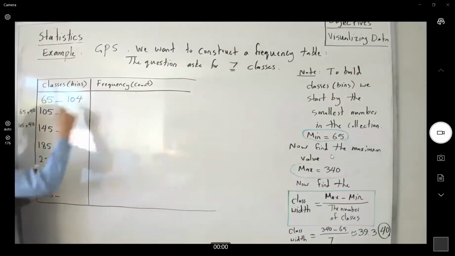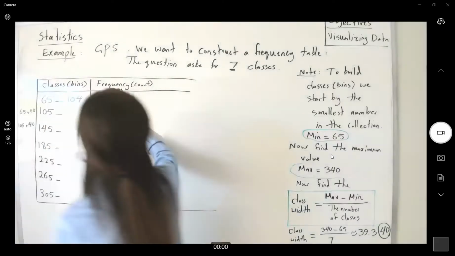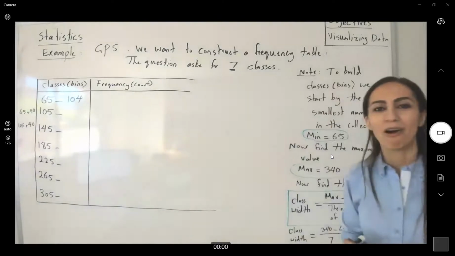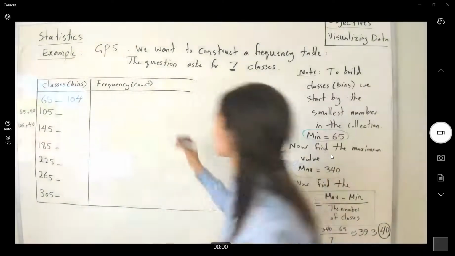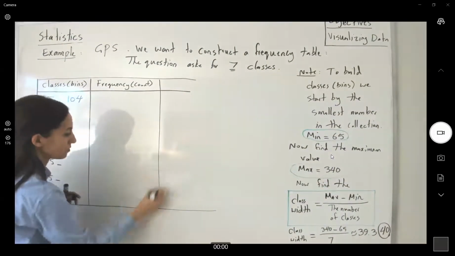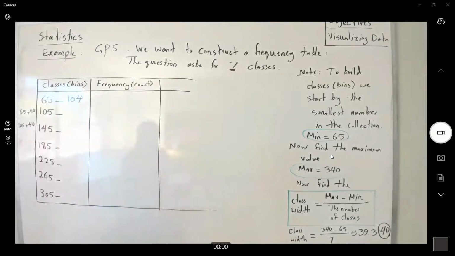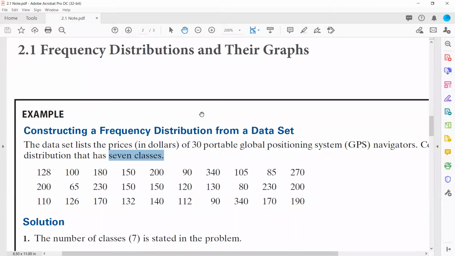What is the frequency of first class? How many numbers are in the first class? Let's take a look at our collection. 6. Very good. We have 90 here. We have 85 here.